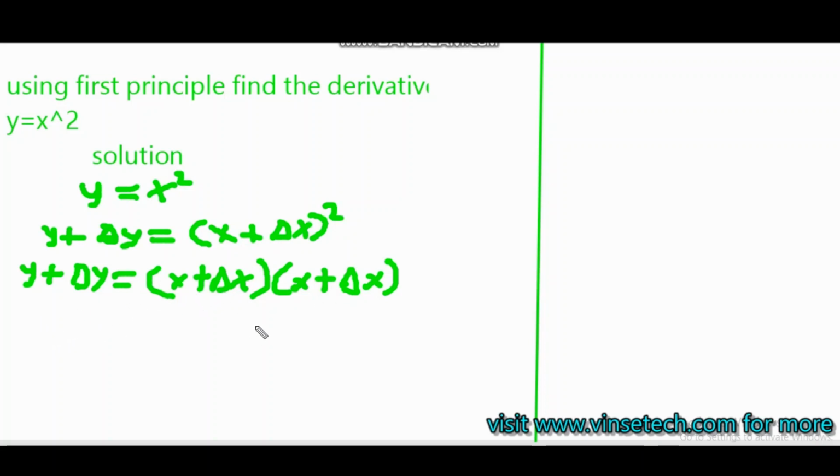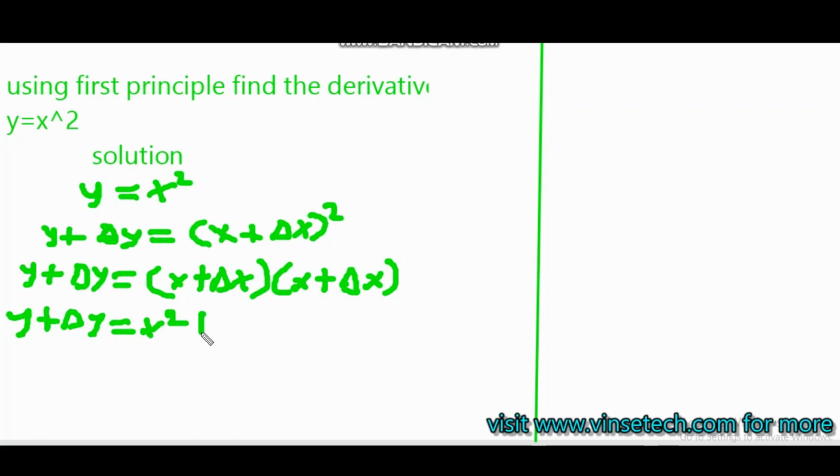So the next thing we have to do is open the bracket further. Opening the bracket further, we have y plus change in y is equal to, opening this bracket, you pick x and multiply it through the second bracket, then you pick delta x and multiply it through with every element in the second bracket. So multiplying with x, we have x multiplied by x, we have x squared.